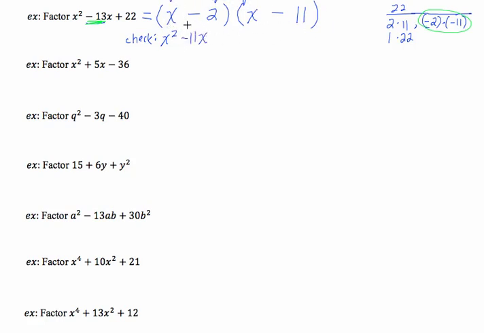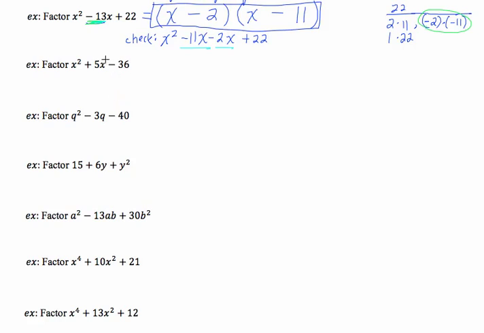Then the inside terms, negative 2x. And the last two terms, negative 2 times negative 11 is positive 22. You can see that these middle two terms, negative 11x minus 2x, do combine to negative 13x. So that is correct. This is the factored version of x squared minus 13x plus 22.